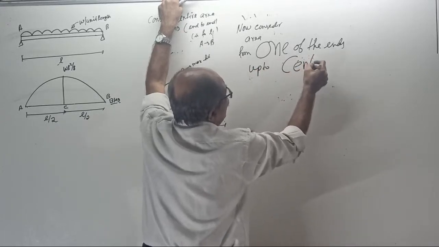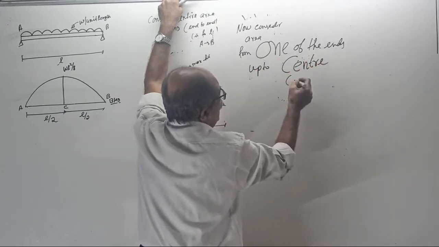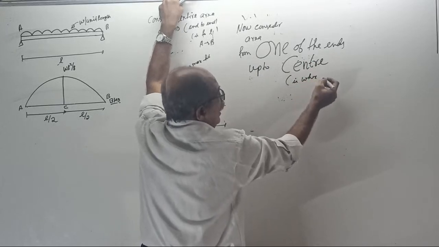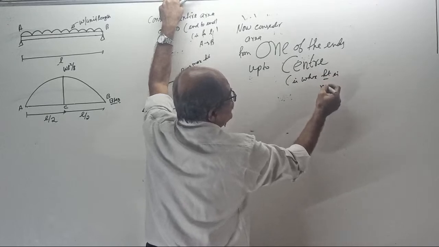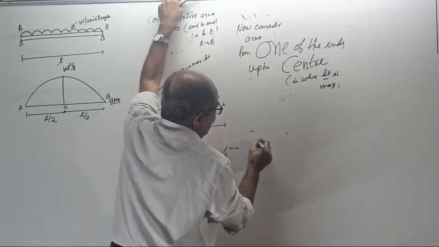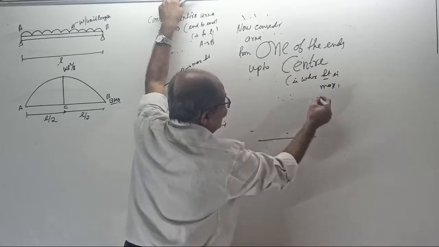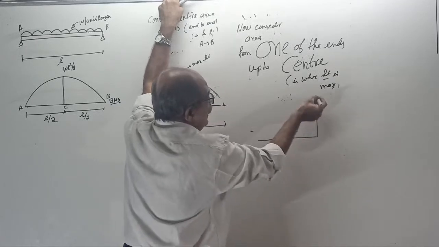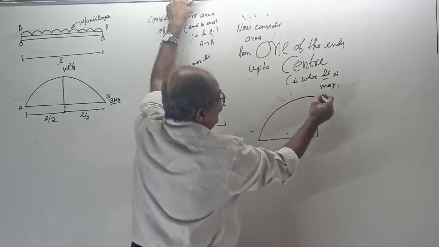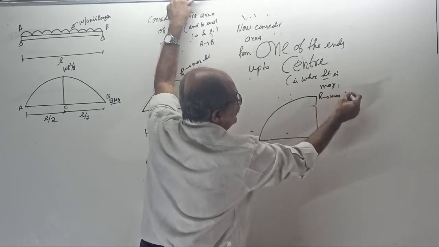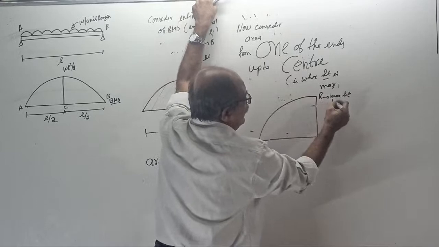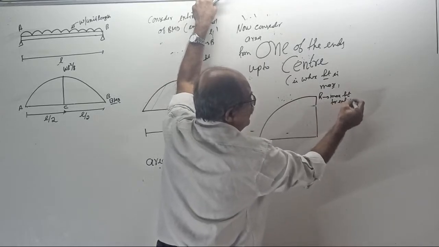Very important. Up to the center. That is where the height is maximum. See, don't look there. Either any one side. This is the height. This should be the maximum height for the entire BMD.